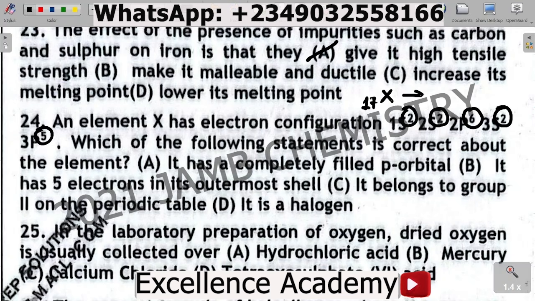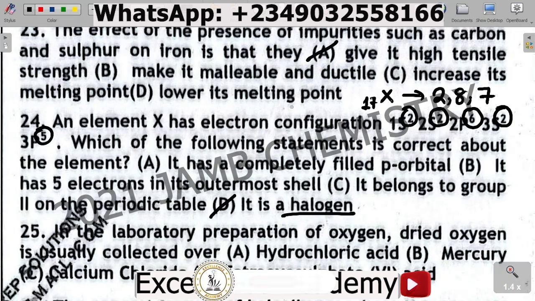And if I do the KLMN shell configuration, that becomes 2, 8, 7. So you observe that element X has 7 electrons on its outermost shell. What does that mean? It means it is a halogen. So the correct answer there is D. It is a halogen. Halogens are elements that have 7 electrons on their outermost shell. So that's it.